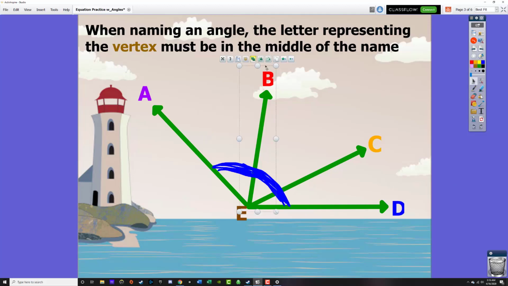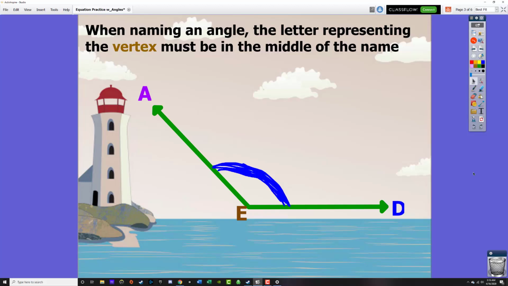Once again, pretend that these aren't there for the time being, when you're just looking at the name. So we could go with angle AED, or the other way around, we can call it angle DEA. And the same thing is true even if the lines are there. It does not change the fact that this is either angle AED or DEA.